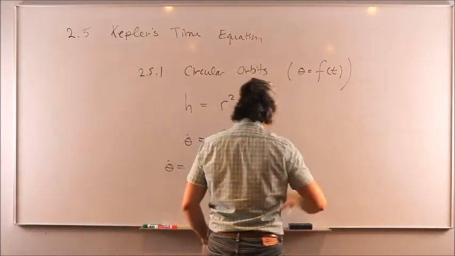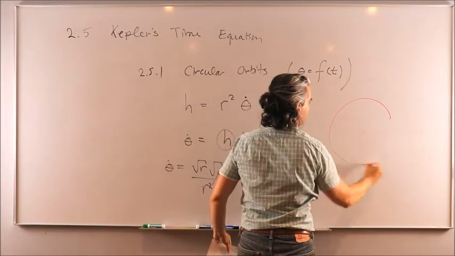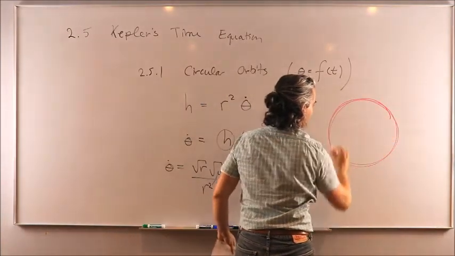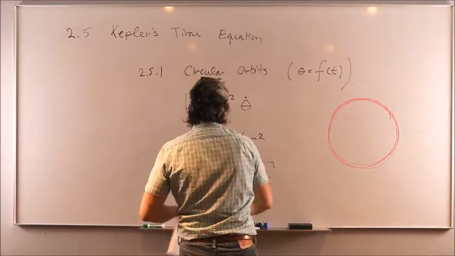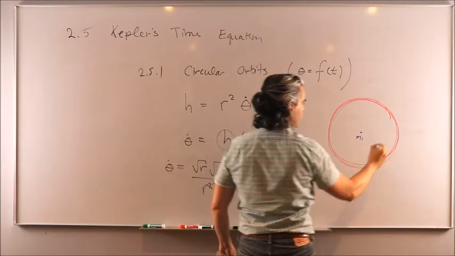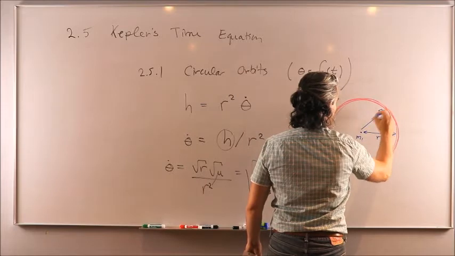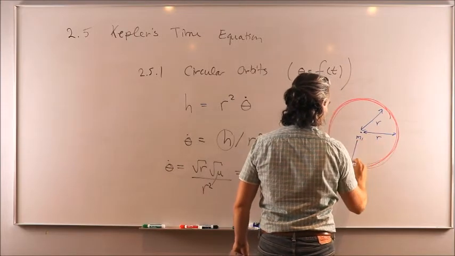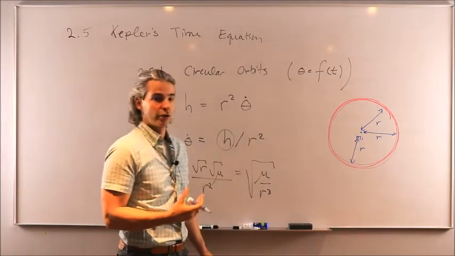This is interesting because we know that for a circular orbit, okay, so you'll have to pretend that this is a perfect circle centered at M1, well, we know that that distance r at any point along a circular orbit is actually constant because this is a circle.